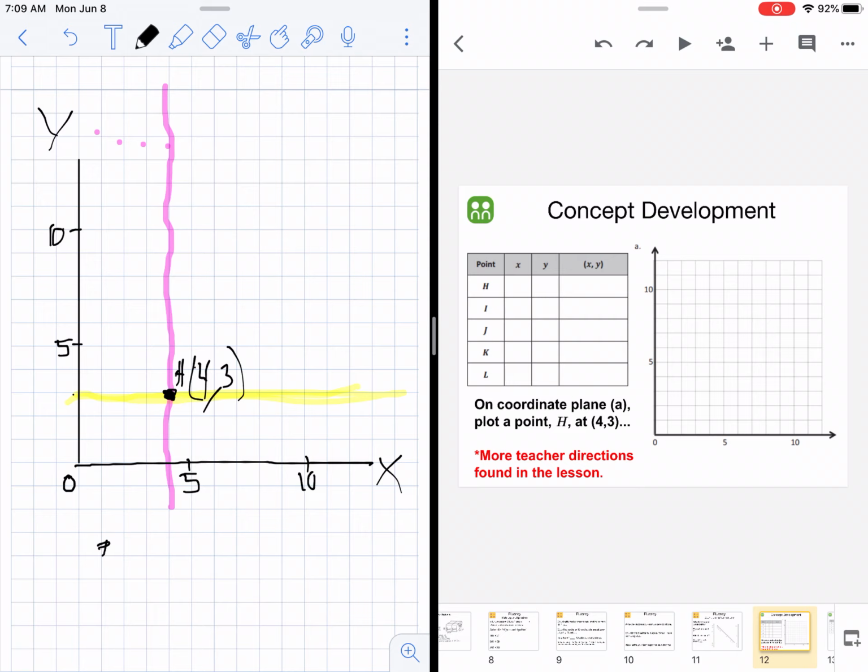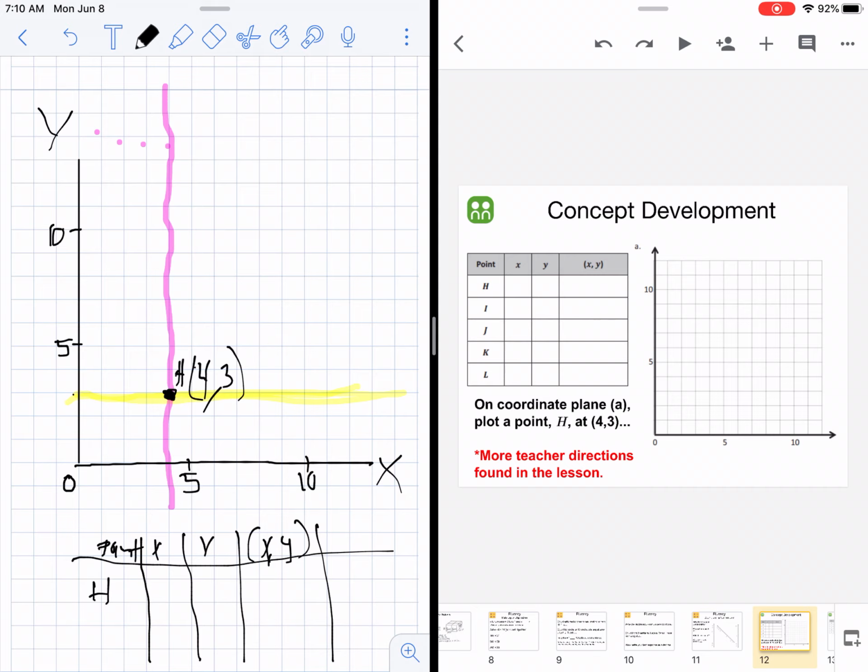We have the point, we have x, we have y, and then we have x, y. Okay. So we have point H. Our x is 4. Our y is 3. So this is 4, 3.